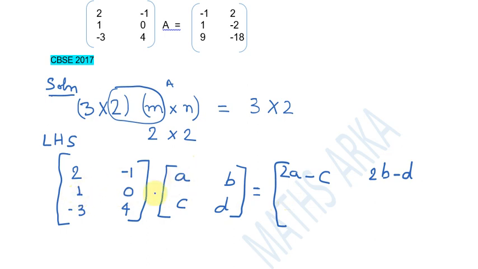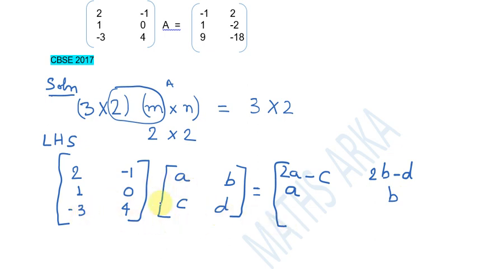A plus 0, that is A. And then the next element, 1 into B plus 0 into D, that means B. So here we get B. Now what would be the third row first element?